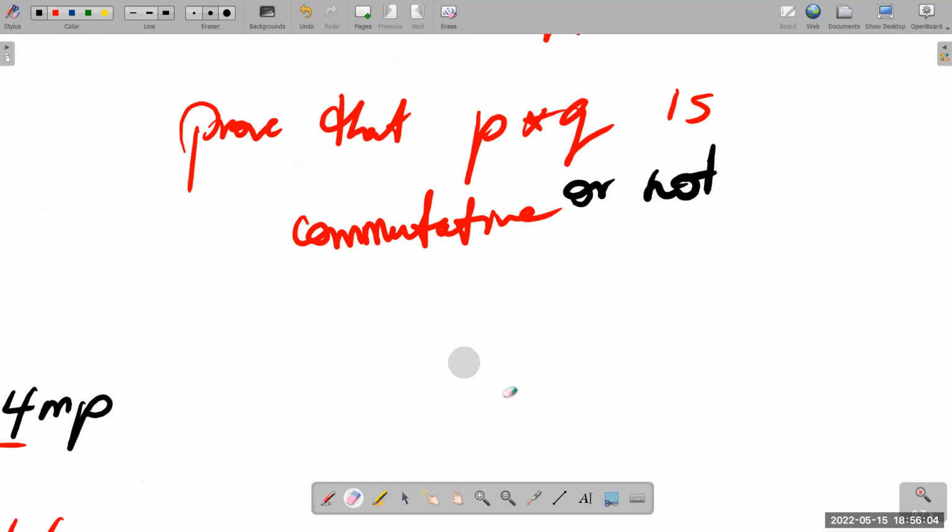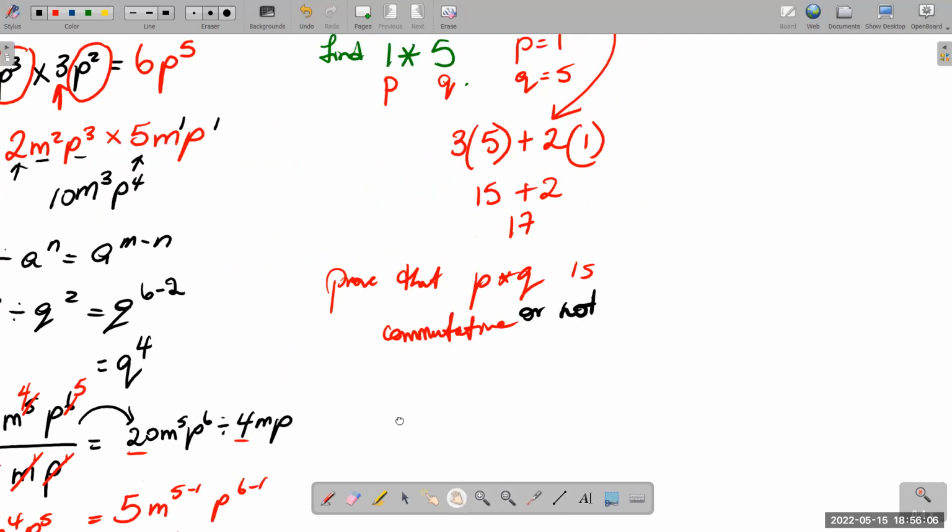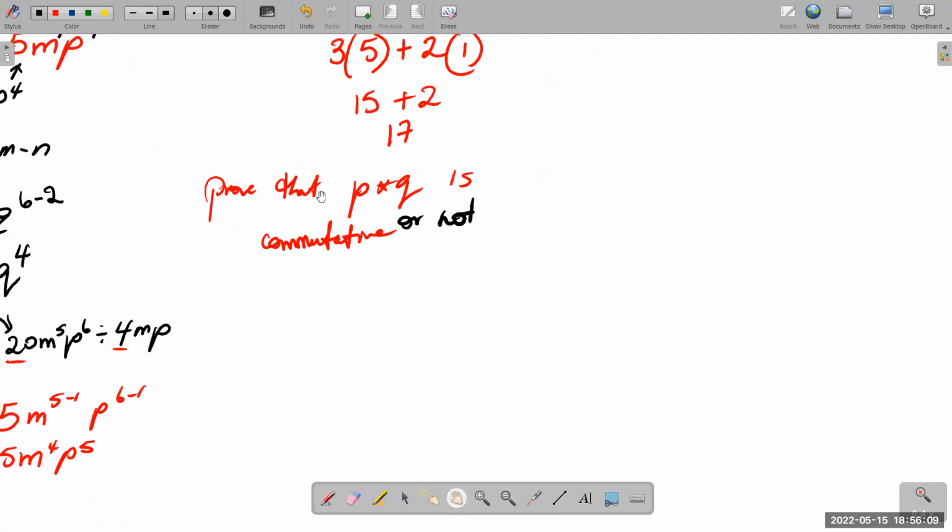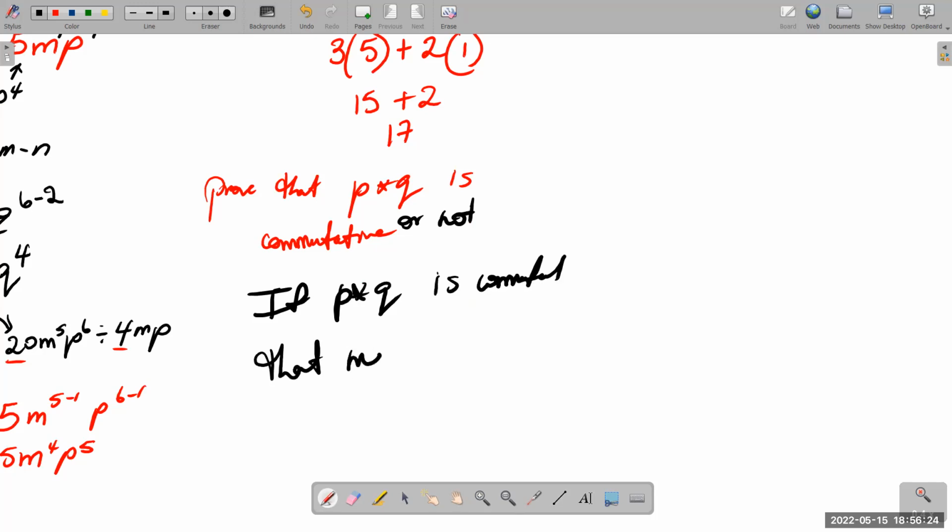So this is a proper example of how to prove a law. If they say, prove that this binary is commutative or not, you're going to give a sentence. You're going to say, if P star Q is commutative, that means that 1 star 5 is equal to 5 star 1.